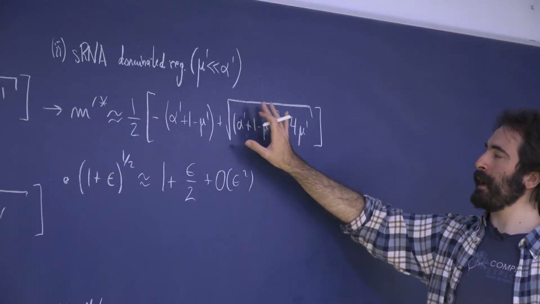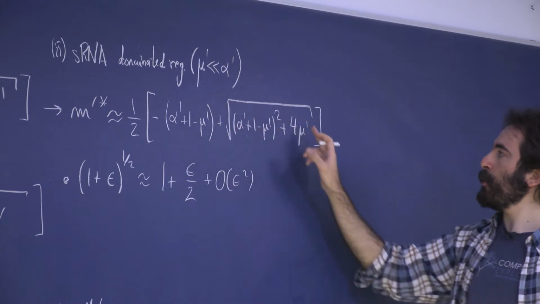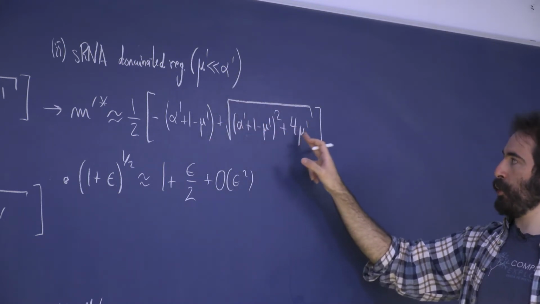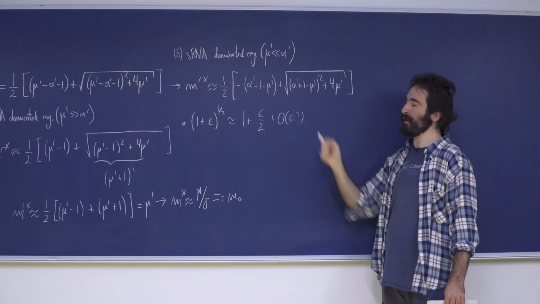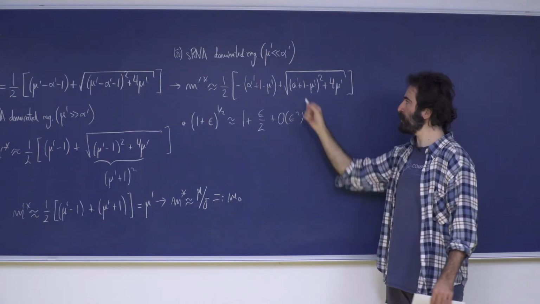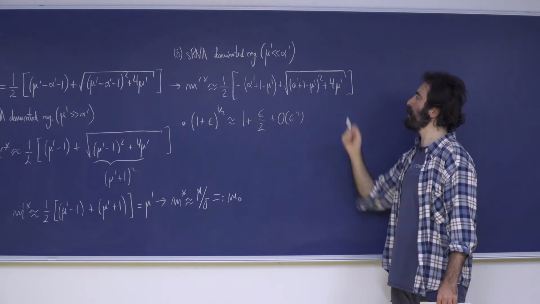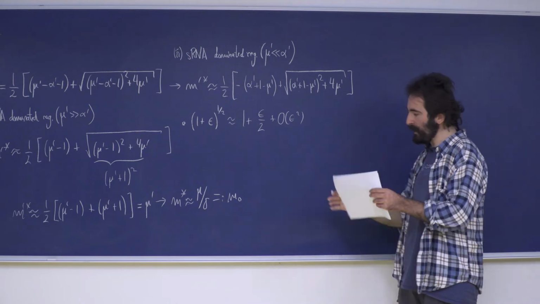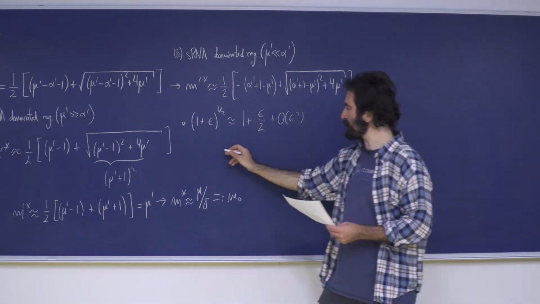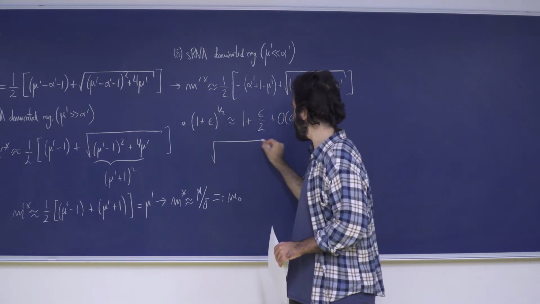But we could take this as a factor out, which will leave us here with a 1 plus 4 mu prime divided by this factor squared. This factor carries an alpha with it, right? Therefore, this factor will be, by definition, much larger than 4 mu prime, because we are in this regime. So let's do it maybe on the side here. Let's see how I can approximate this.